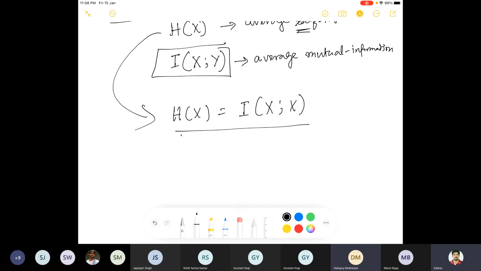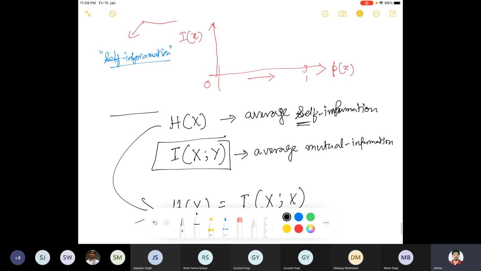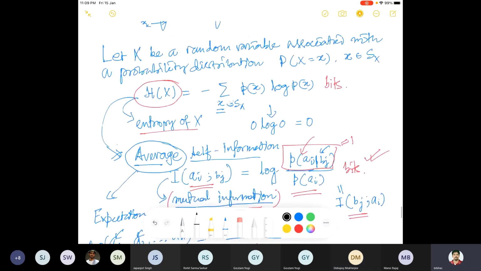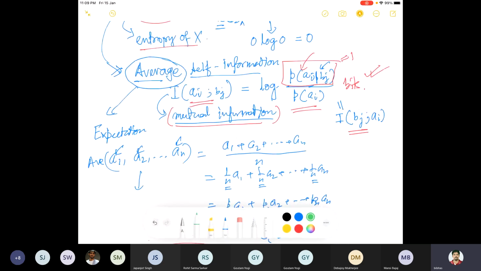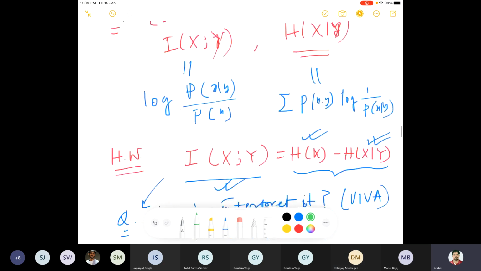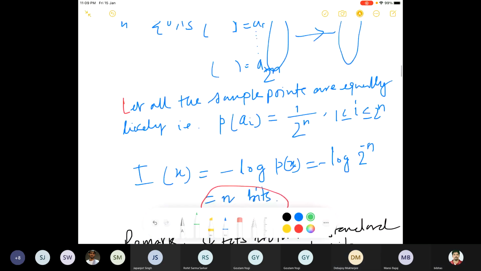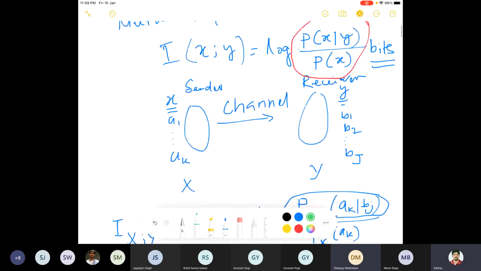But mutual information and average mutual information have the same symbol? No. When in mutual information we define for two outcomes, and then we take the average, we denote it as X semicolon Y. You can go to yesterday's material and see.